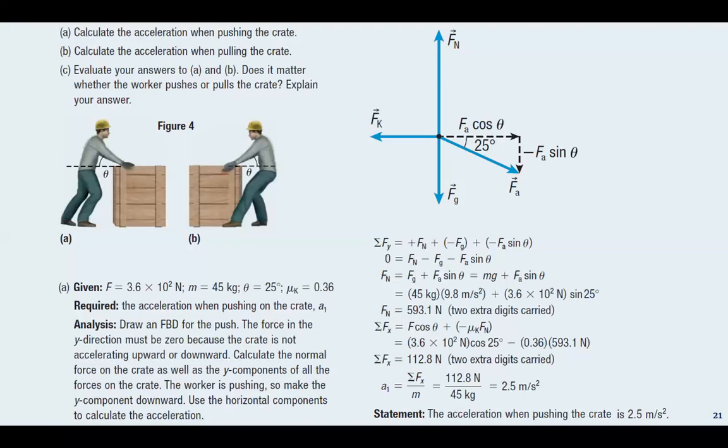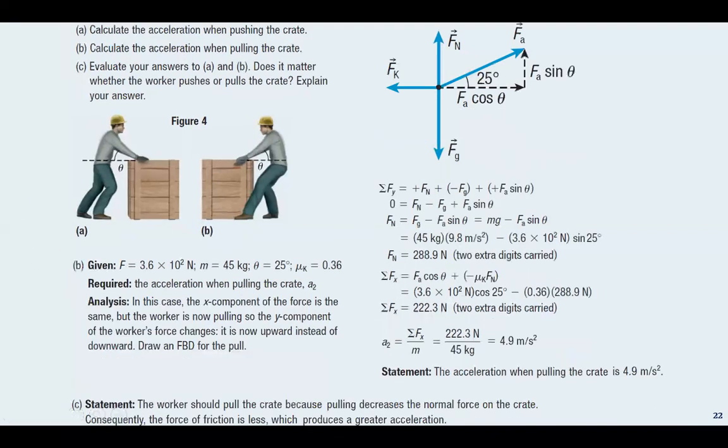Therefore, the acceleration a1 equals the net force along the x-axis over the mass of the crate, which is about 2.5 meters per square second. So in question A, when you push the crate, the acceleration is 2.5 meters per square second.